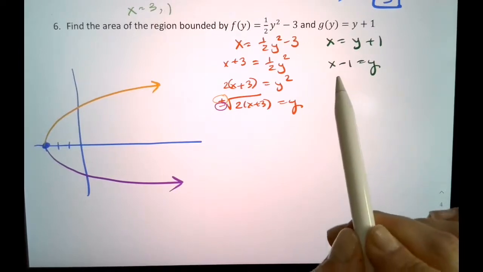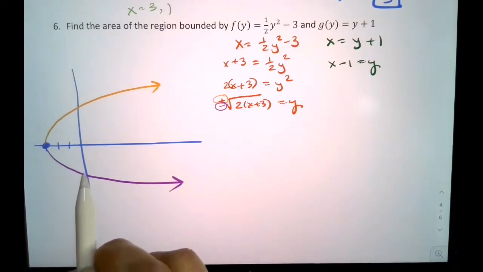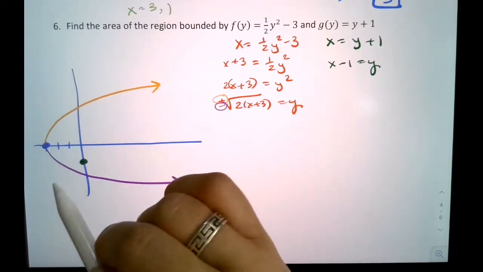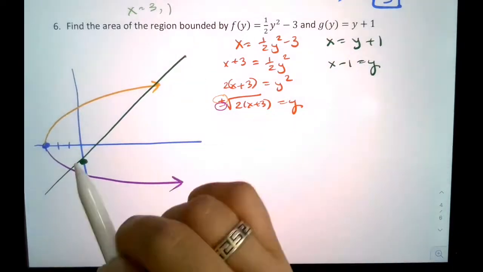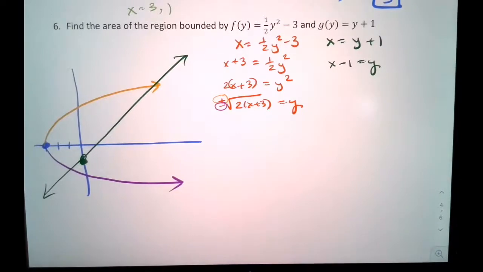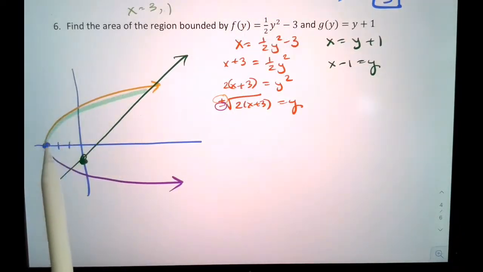We can certainly graph x minus 1, a linear function there. So I'll do that. So here's where minus 1 would be, and I'll just draw that slope of 1. So I've got my shaded region here. I'm just going to shade it in.